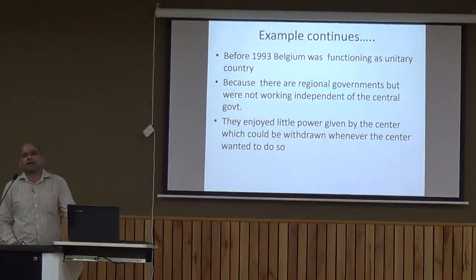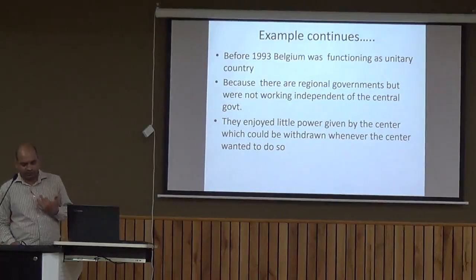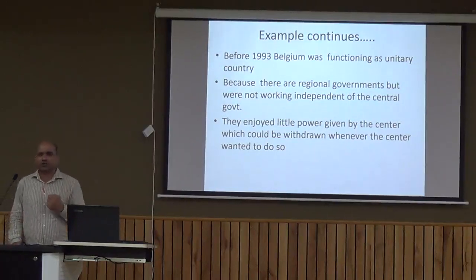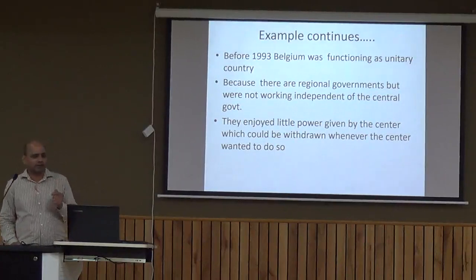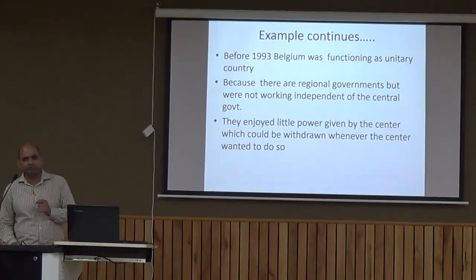For example, before 1993, Belgium was working as a unitary country. There were states, but the central government in Belgium enjoyed all the powers, and the states were subordinate to the center. States did not enjoy any power in the Belgian system before 1993.